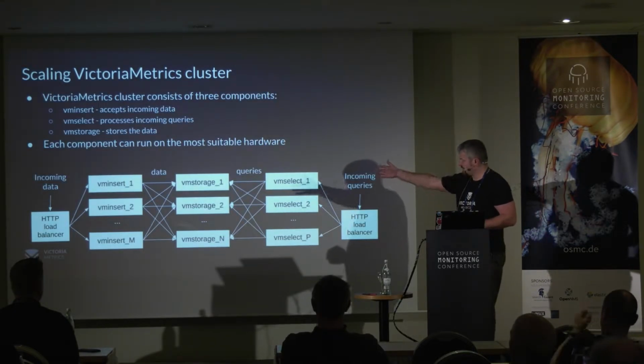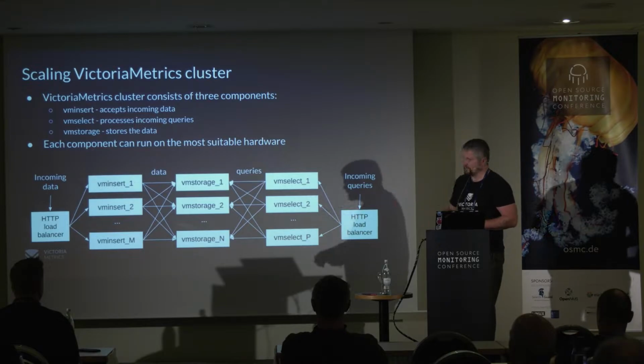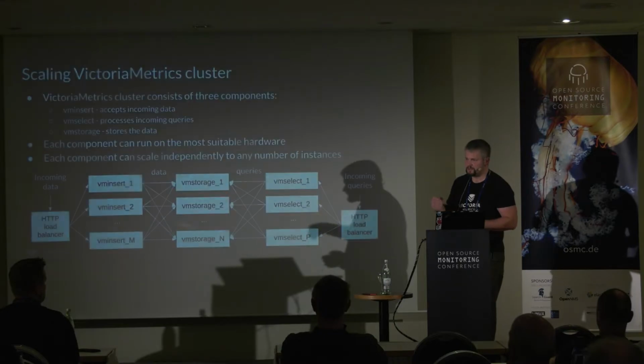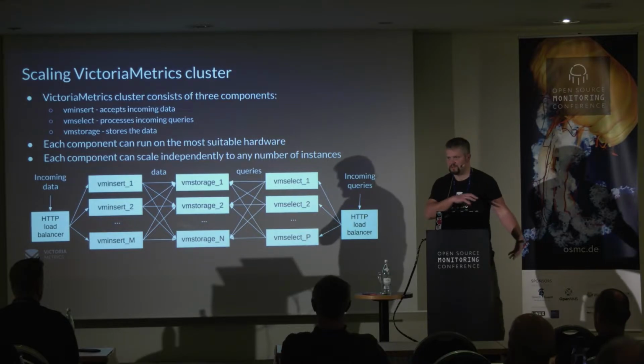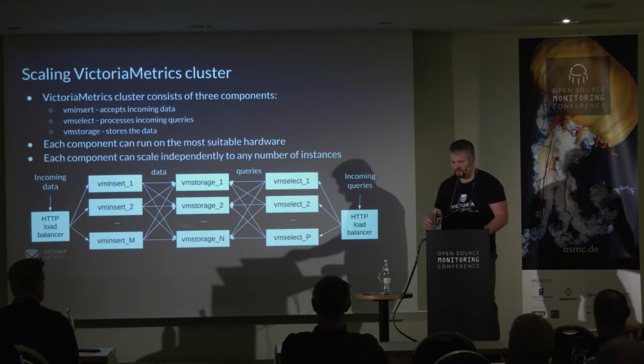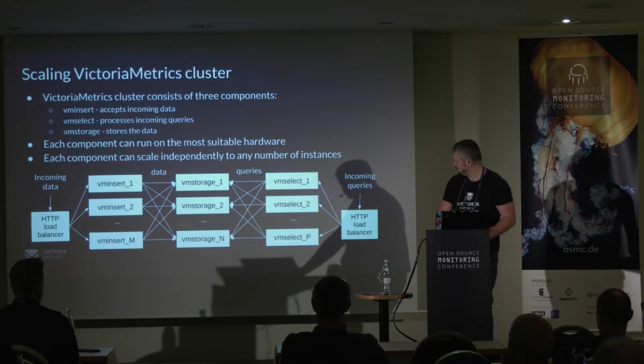Each component, VM insert, storage, and select, can scale independently and can run on the most suitable hardware. There is no need to run these components on the same hardware. You can choose the most suitable hardware and the most suitable number of nodes for each component. They're independent.